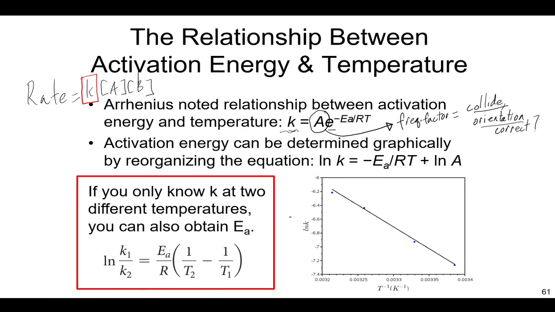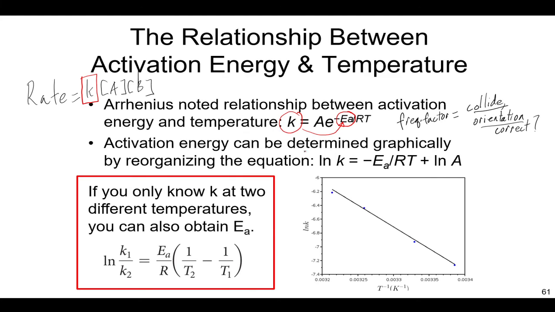Now, the really good thing about this is that this constant, which looks not that special, now we have an equation that is quite special. And it's quite special because we can figure out what the activation energy is for a reaction, right? It lets us determine this activation energy from experiments.